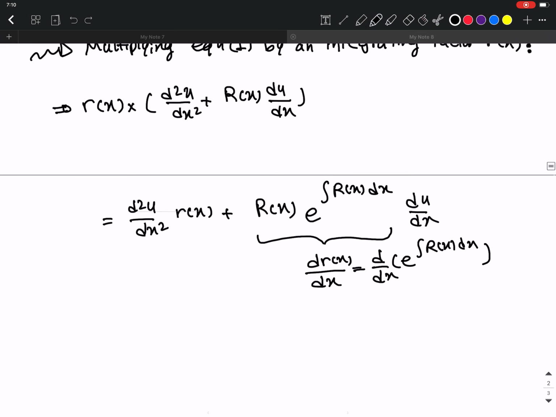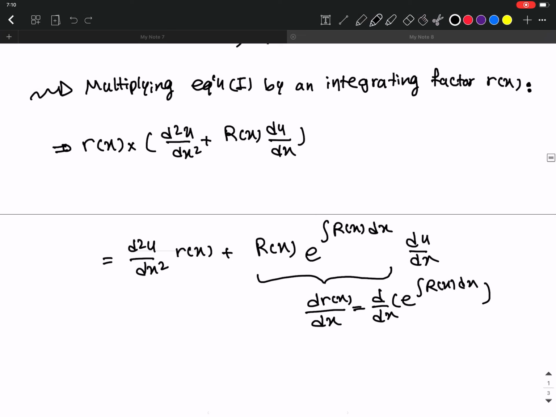So this is just dr/dx. So now I'm going to write this down as d²u/dx² times R(x) plus du/dx times dr/dx.